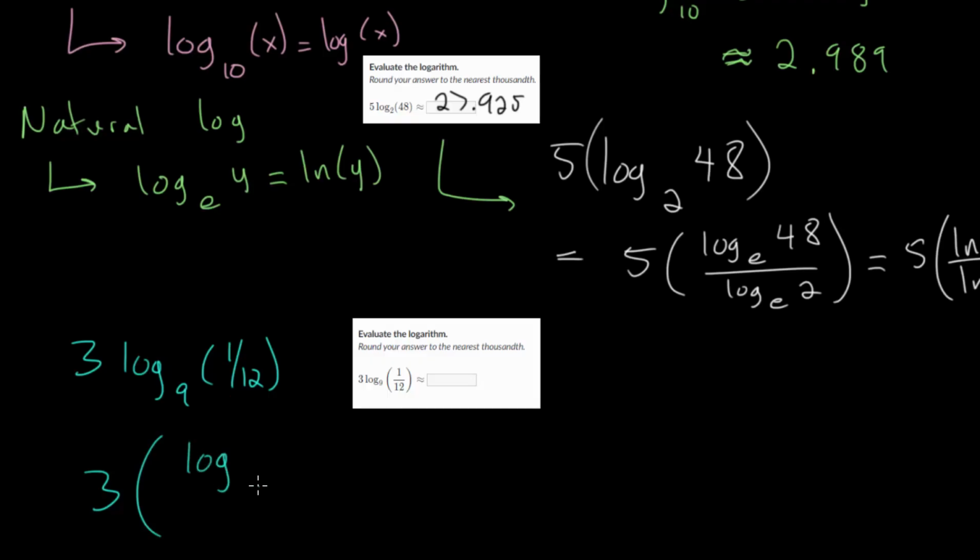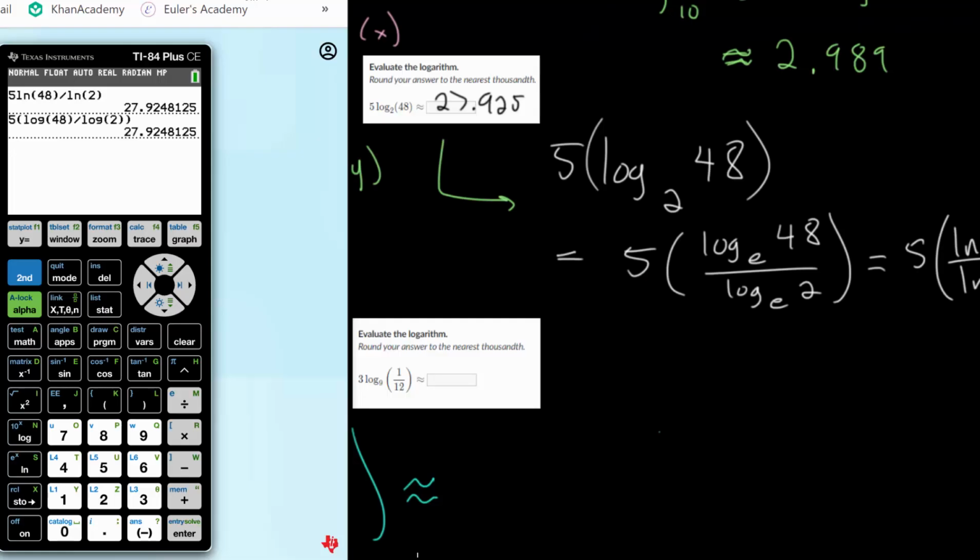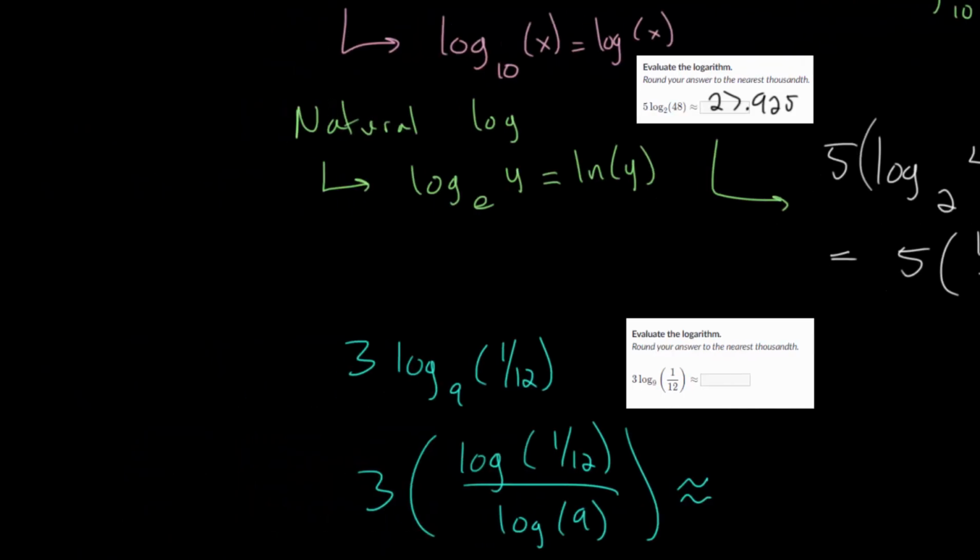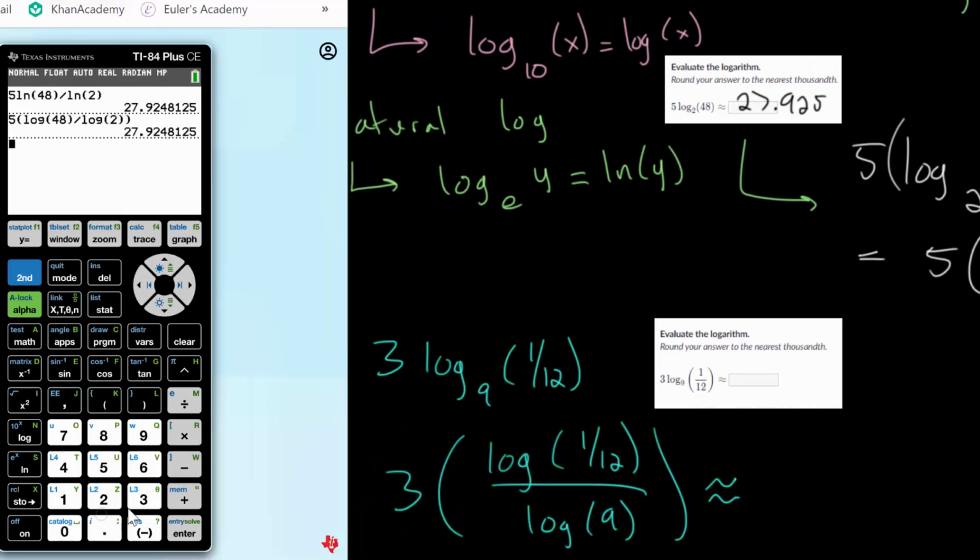So this will be log base 10 of that original input, 1/12, divided by log base 10 of 9, that original base. And of course, we'll need the calculator for this since we're going to get an irrational number. And let me just scroll over first so that we can actually see this.